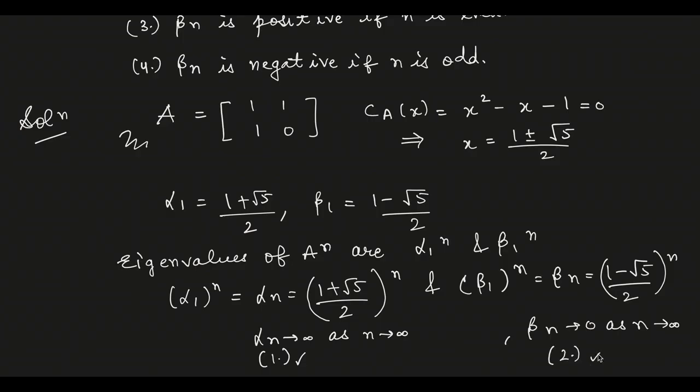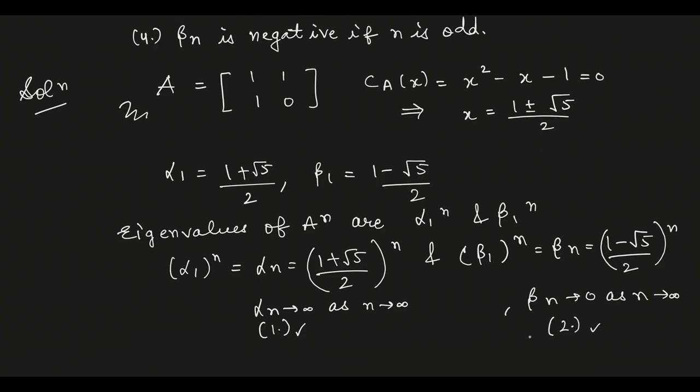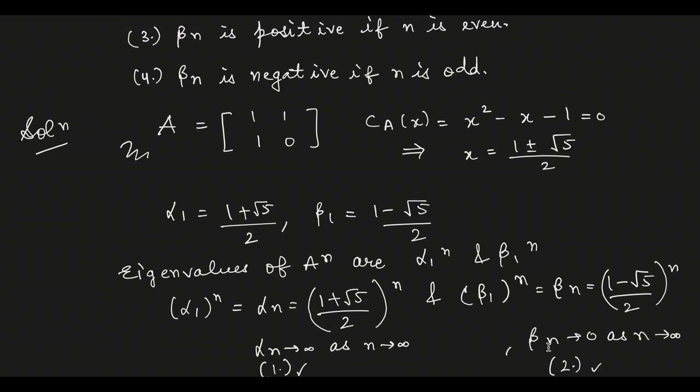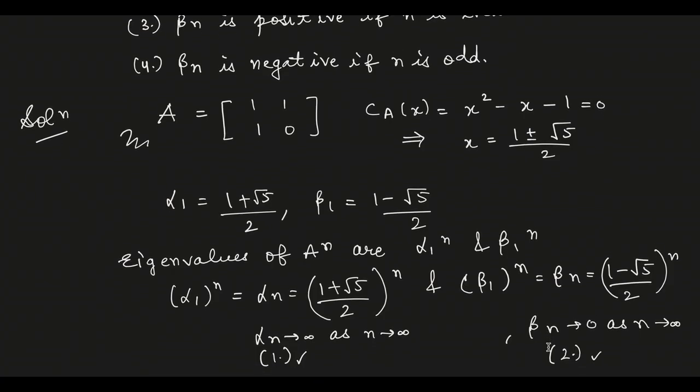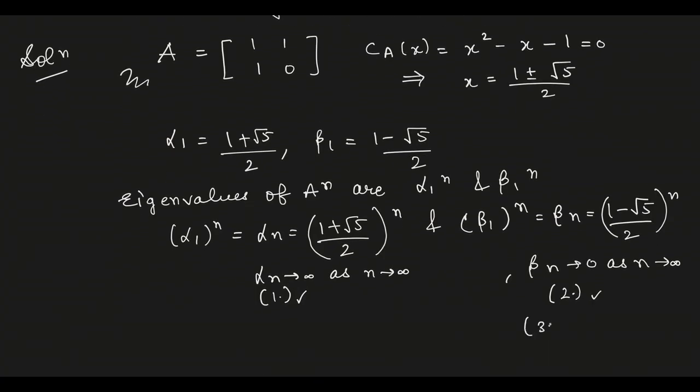Third, beta n is positive if n is even, because (1 minus root 5)/2 is a negative number. So if n is even, then it will be positive. If n is odd, it will be negative. Yes, correct. So the answer is option 1, 2, 3 and 4.